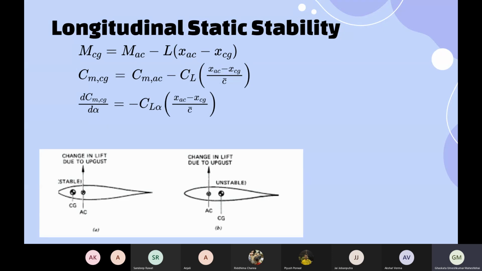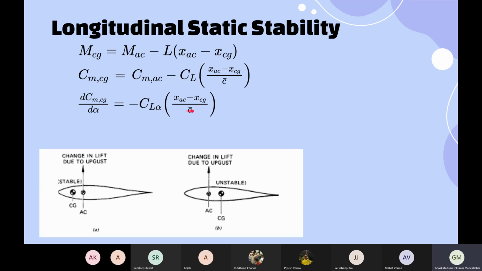As we know, for a stable aircraft the dCM by d alpha value is negative. One negative is already here, and that is why this needs to be positive.